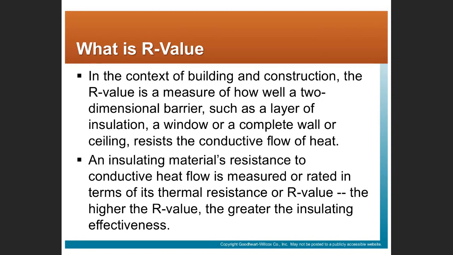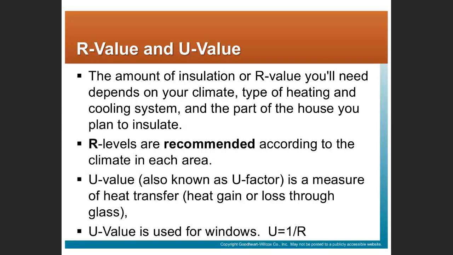R value is typically what we use for solid materials for insulation and wall construction. U value or U factor is the inverse. So U equals 1 over R. That's typically, as we saw, what we use to rate windows and doors.